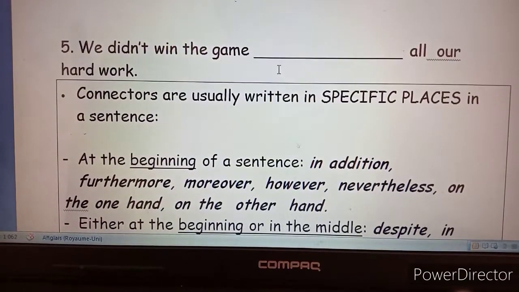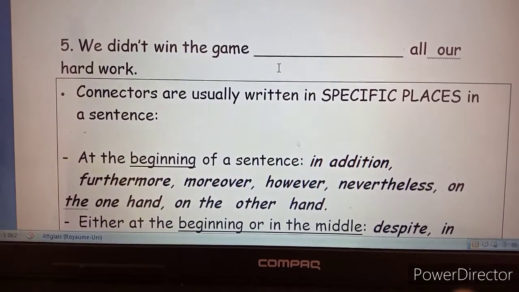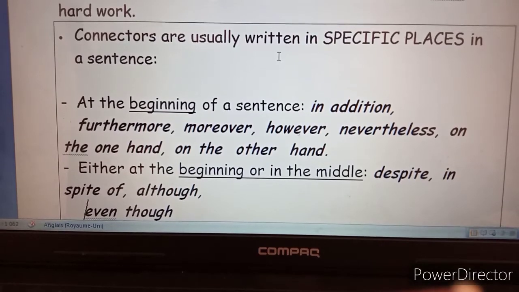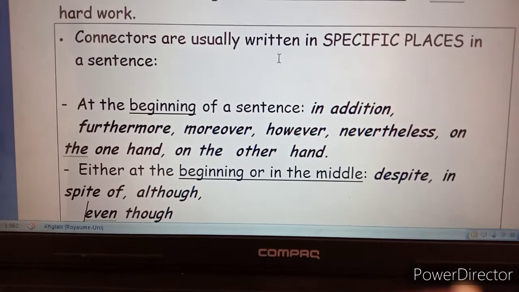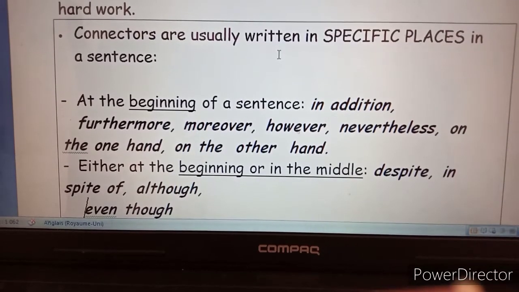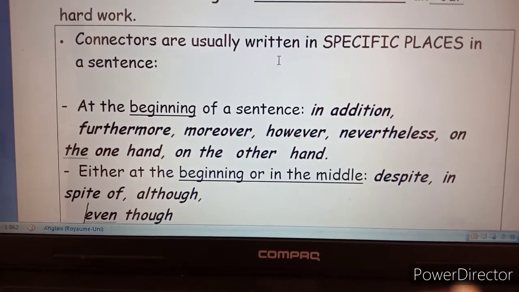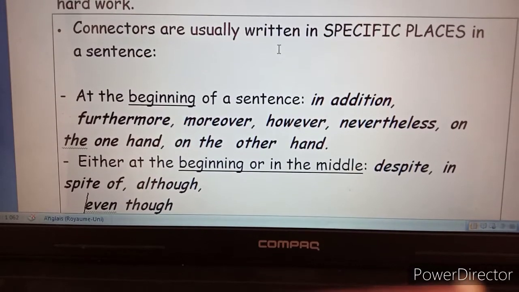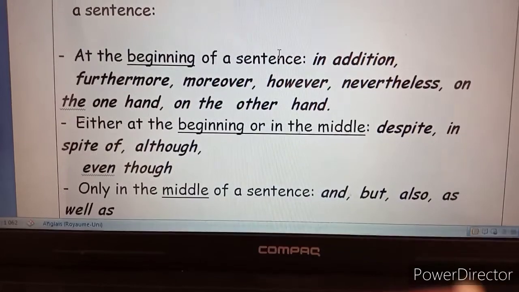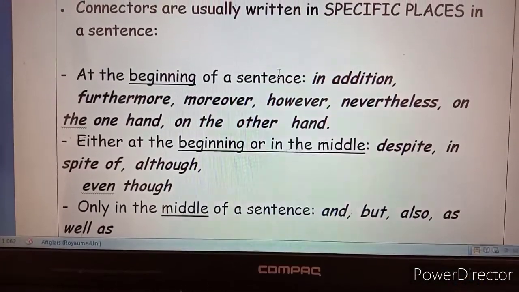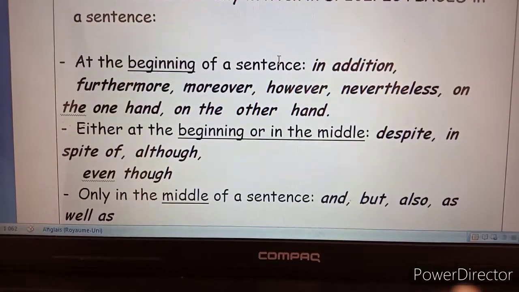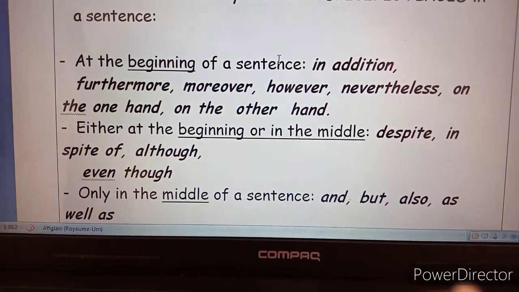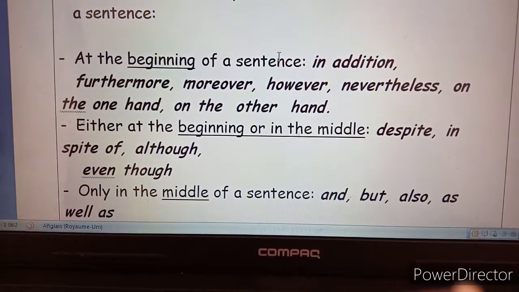It can be at the beginning of the sentence, in the middle of the sentence, or at the beginning or in the middle of the sentence. We will know which connectors come at the beginning, which at the beginning or in the middle, and which in the middle.